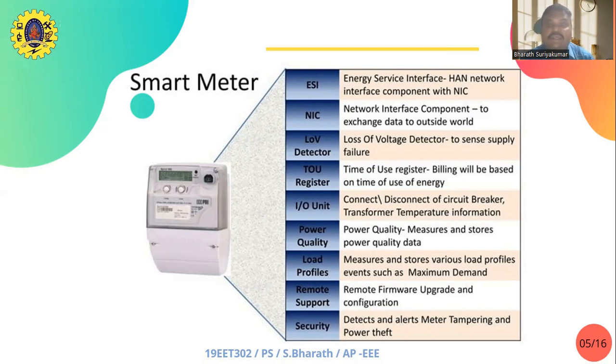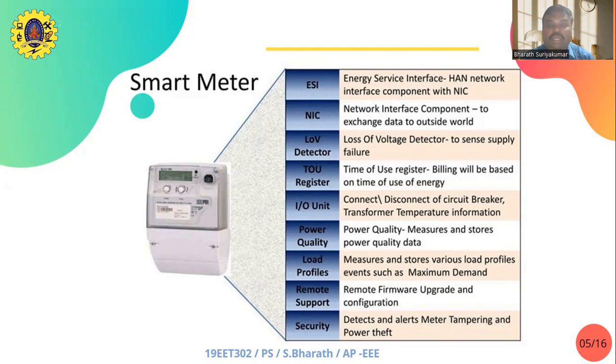ESI, energy service interface, that is the HA network interface component, NIC. The network interface component exchanges data with the outside world. LOV detector, loss of voltage detector, to signal supply failure. TOU register, time of use register, that is billing will be based on time of use of energy.